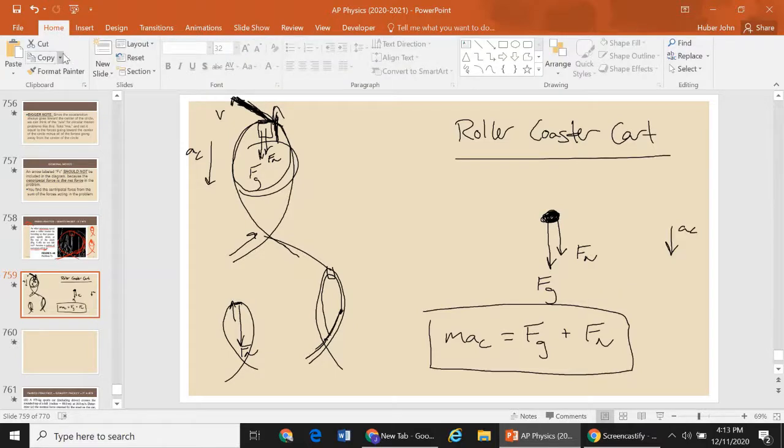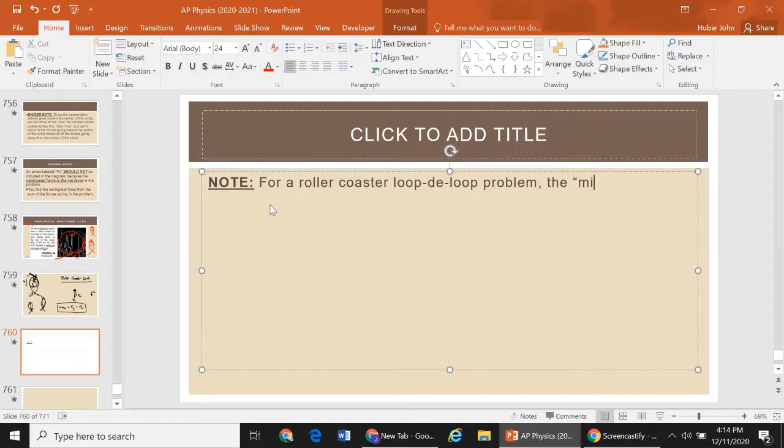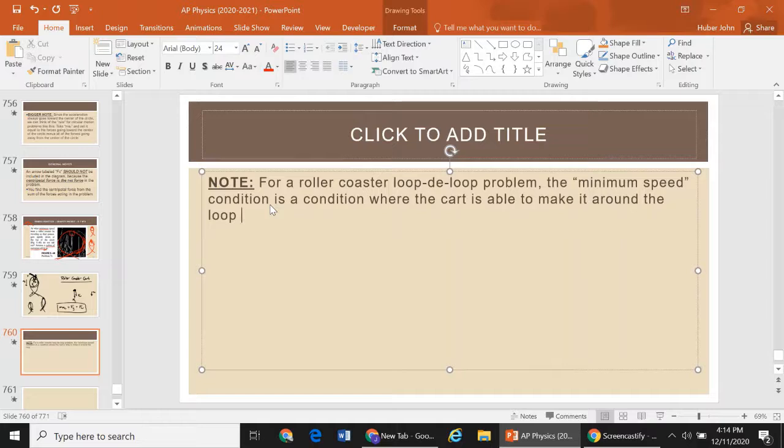And so let's write here a quick note. For a roller coaster loop-de-loop problem, the minimum speed condition is a condition where the cart is able to make it around the loop without there being a normal force.